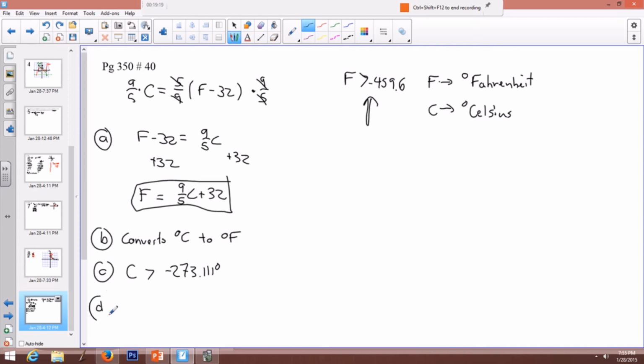All right, so part D, it says explain the temperature 22 degrees C. What is the corresponding temperature in degrees Fahrenheit? So basically, I'm just going to go F equals 9/5 times 22 plus 32.